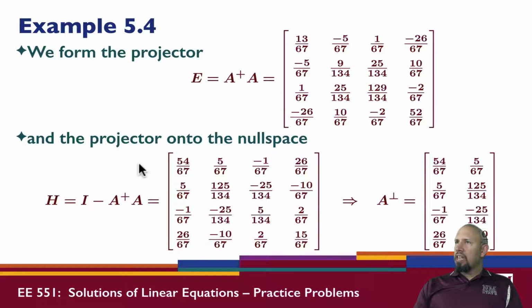And to find the orthogonal complement of A, I look for the independent columns of this matrix. In this case, these first two columns are linearly independent, so my A perp is given by that.